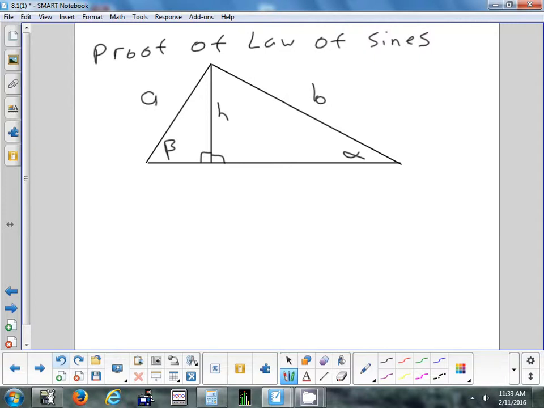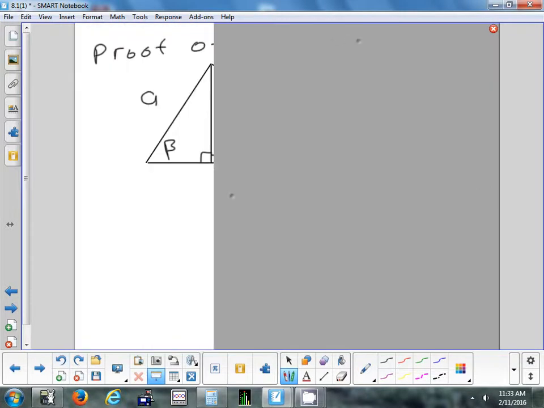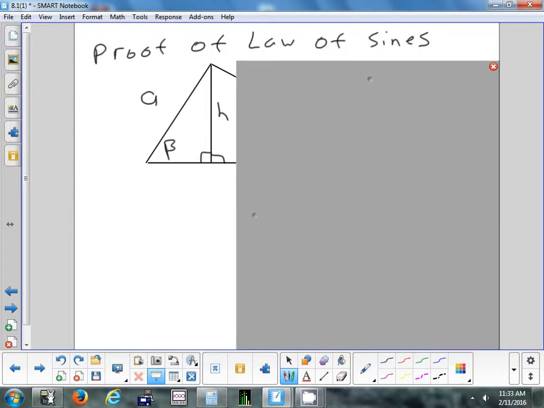All right, so now what we're going to do is try to solve for the height. First thing I'm going to do is just focus on the left triangle. I've got two right triangles, but let's start with the one on the left. What angle is labeled in that triangle? Beta. It's the only one we've given a name to. And I want to figure out a trig function that would involve the side that's opposite and the hypotenuse.